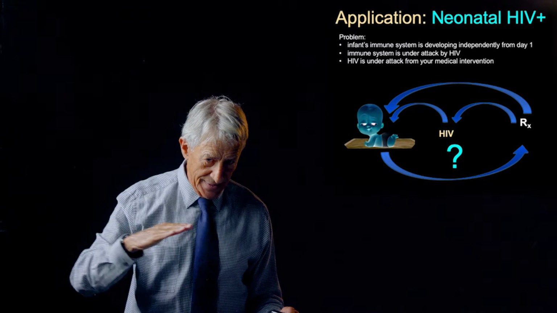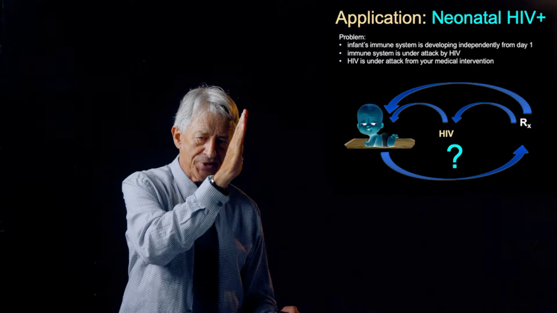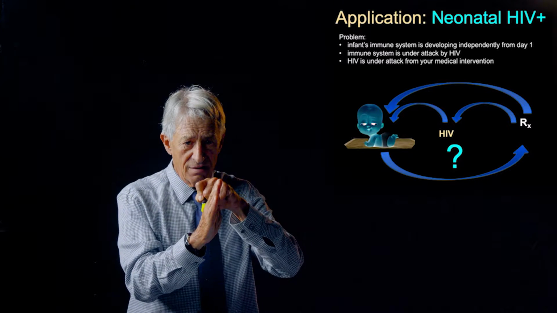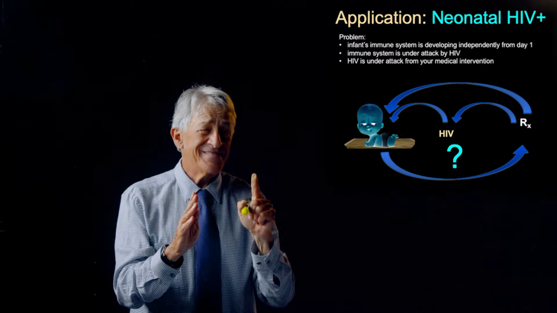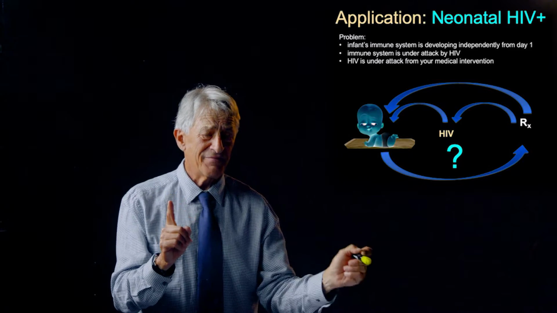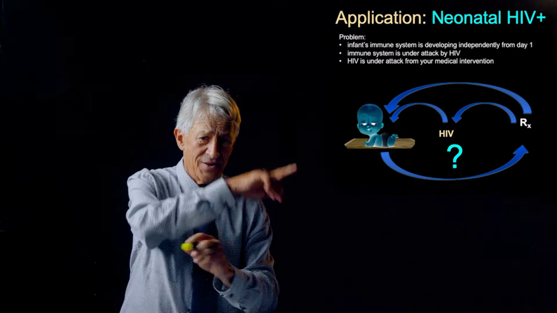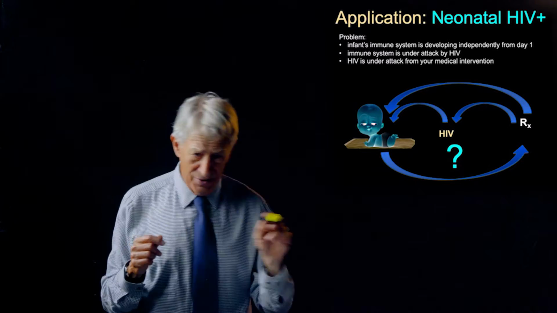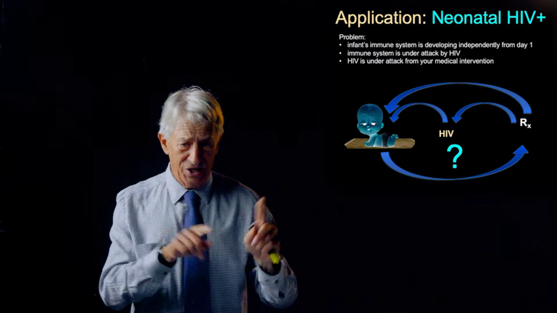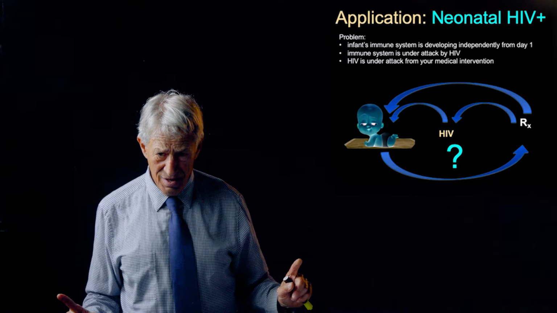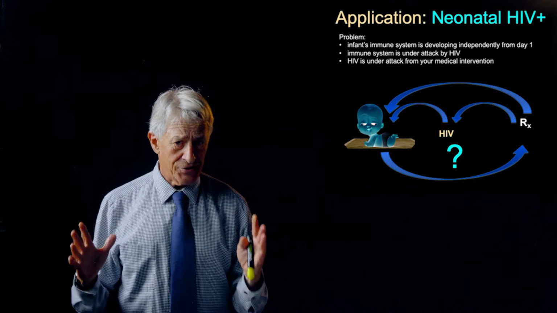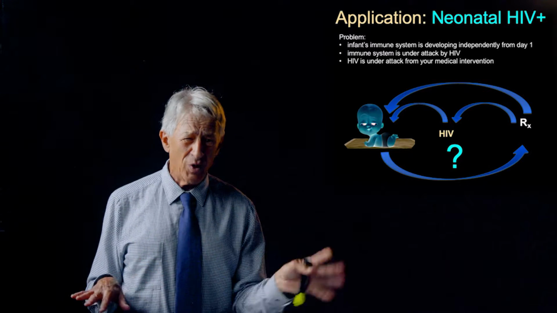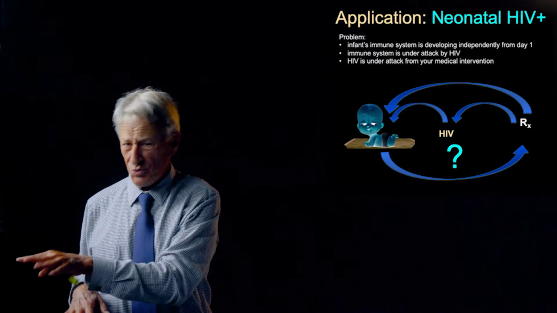But as the infant is developing its immune system, it is under attack from the HIV virus, which is in turn under attack from you. Now, all of these variables are going to be feeding back on and affecting each other. And so that creates a certain problem of how do we proceed? What kind of dose do we give? What kind of time course of dose do we give?